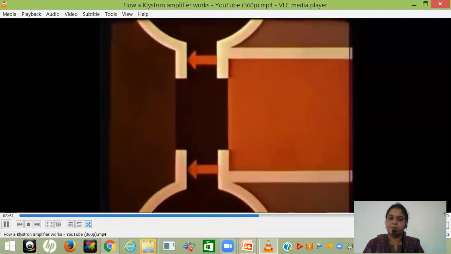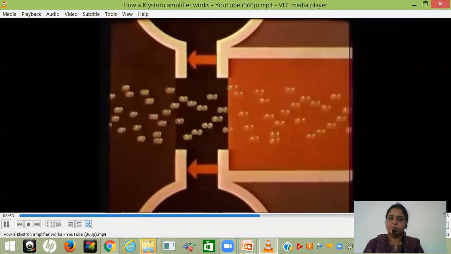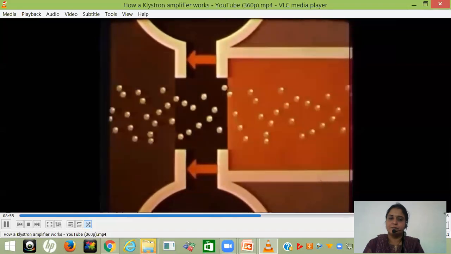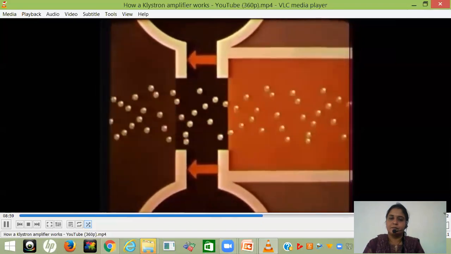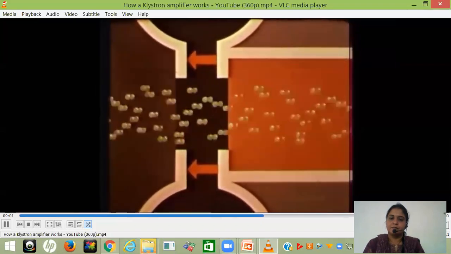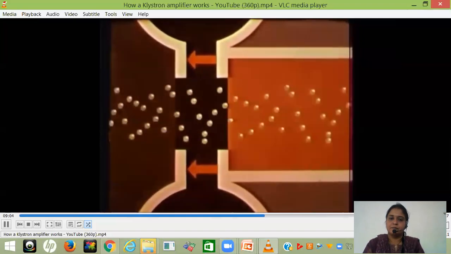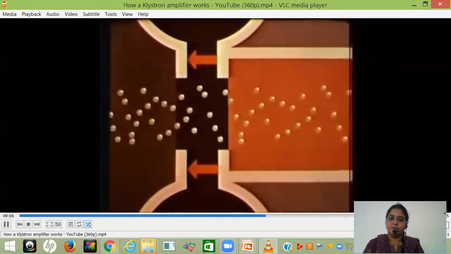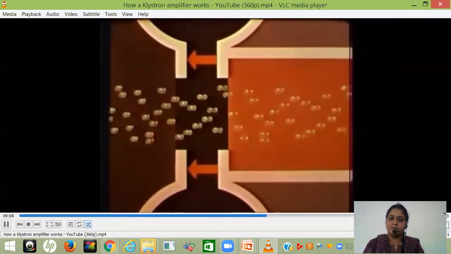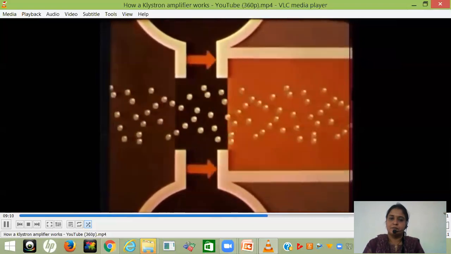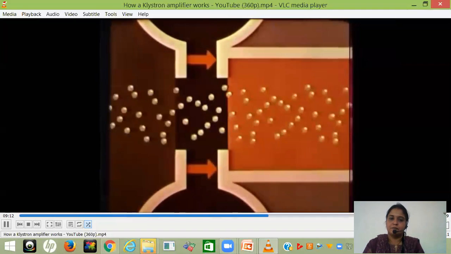The electrons, being negatively charged particles, will therefore be accelerated if they move against the direction of the electric field. On the other hand, the electrons will be decelerated if they move in the same direction as the electric field.